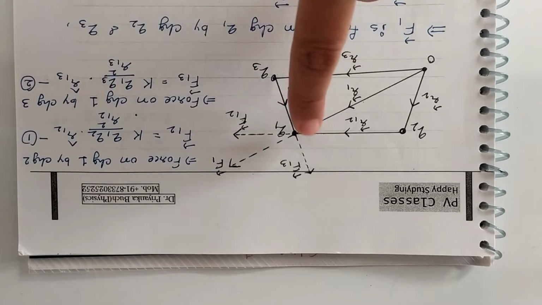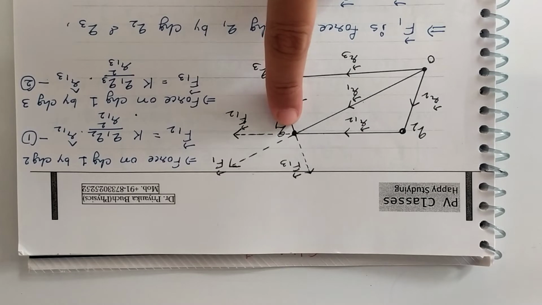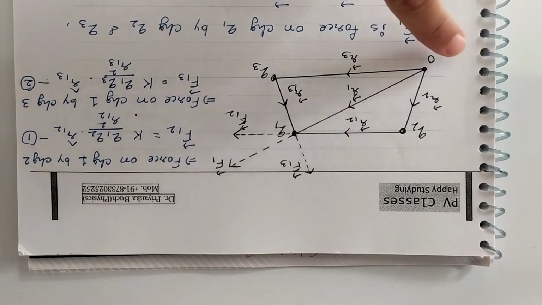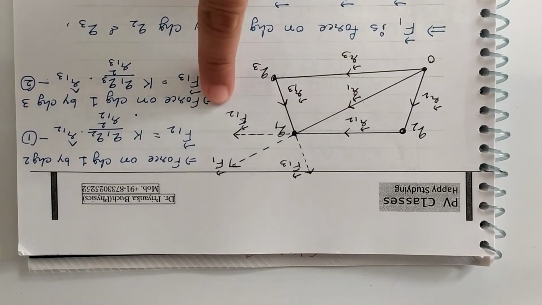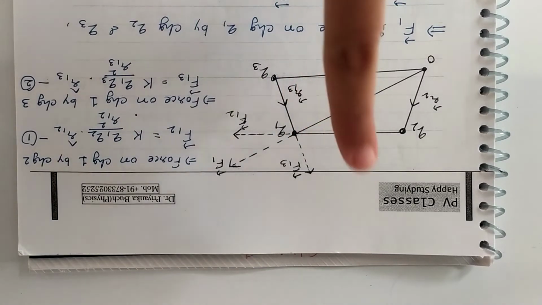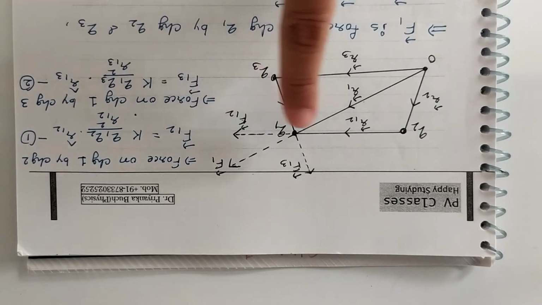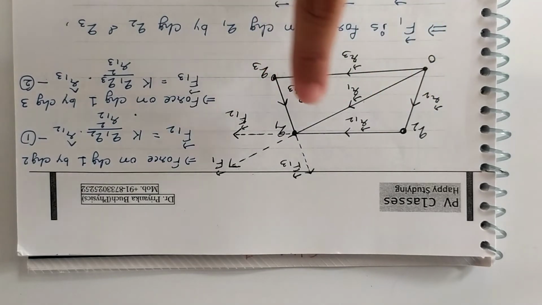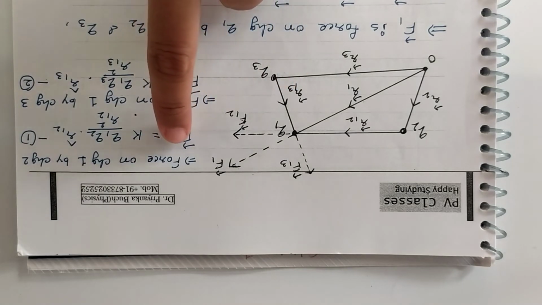You can see the different directions of the forces, F1, and the lines joining the charges, force F12 and force F13. Now what we are doing here? We are finding the force on charge Q1 due to charges Q2 and Q3. In the same way we can have so many more charges. Now let us go step by step.